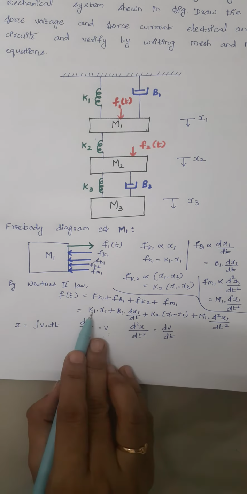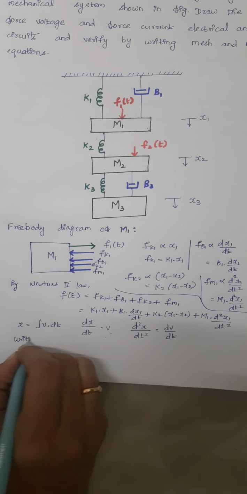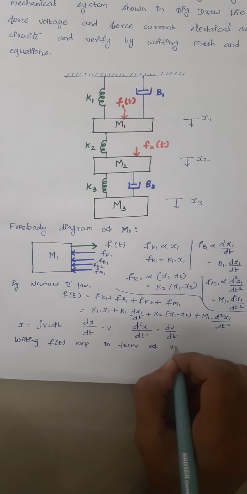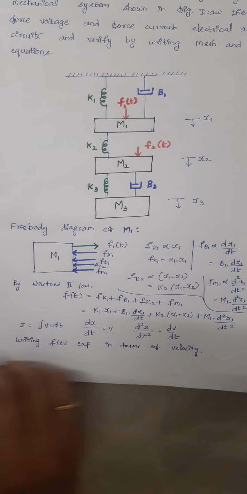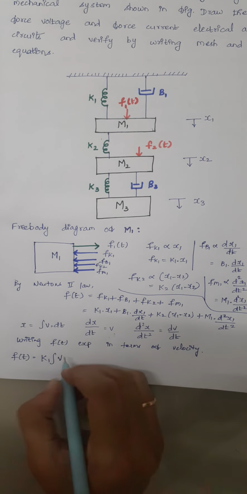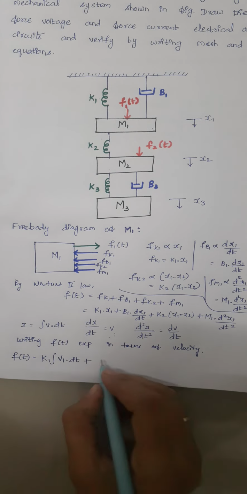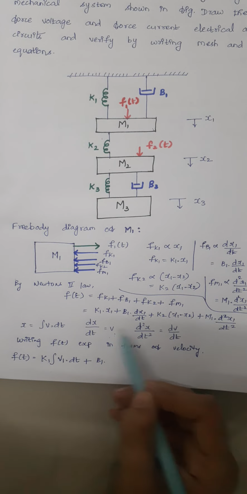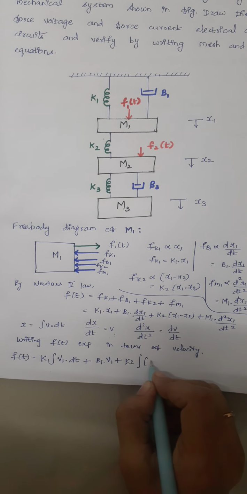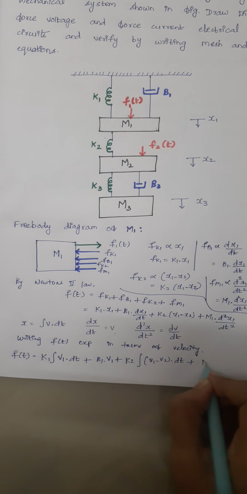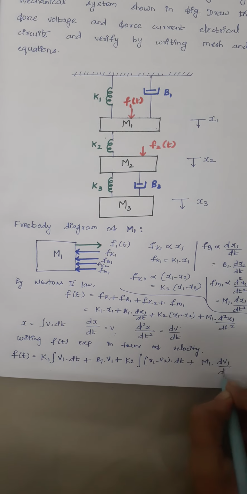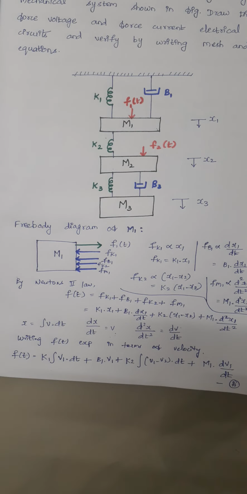So when you rewrite, the above equation, writing f of t in terms of velocity, becomes: f of t is equal to k1 times the integral of v1 dt, plus b1 into dx1 by dt, which is nothing but velocity, so b1 v1, plus again k2 times the integral of v1 minus v2 dt, plus finally m1 into d square x1 by dt square, which is nothing but dv1 by dt, so m1 dv1 by dt. Right. Name this expression as expression number A.